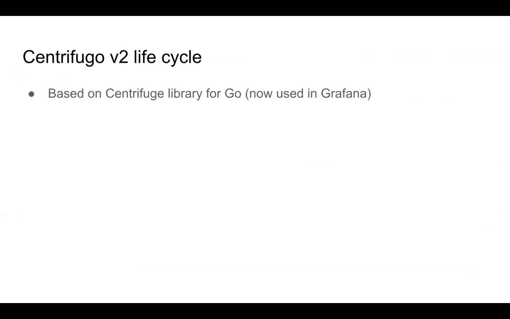I'll start with Centrifugo v2 lifecycle reminders. Centrifugo v2 was released 2.5 years ago. It was based on the Centrifuge library for Go, and it's still based on this library. The library has become more mature and is now used in Grafana, so it's a pretty good thing that they adopted it.